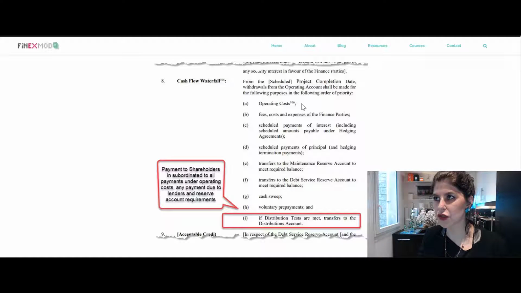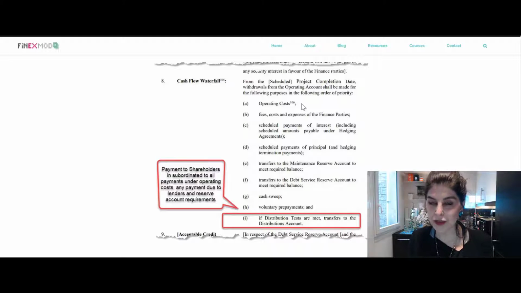So the question that I want to discuss here is: is it okay to distribute whatever is remaining as dividends or shareholder loan, interest or principal, or are there still some criteria that you need to satisfy before you can distribute the remaining cash to your investors?